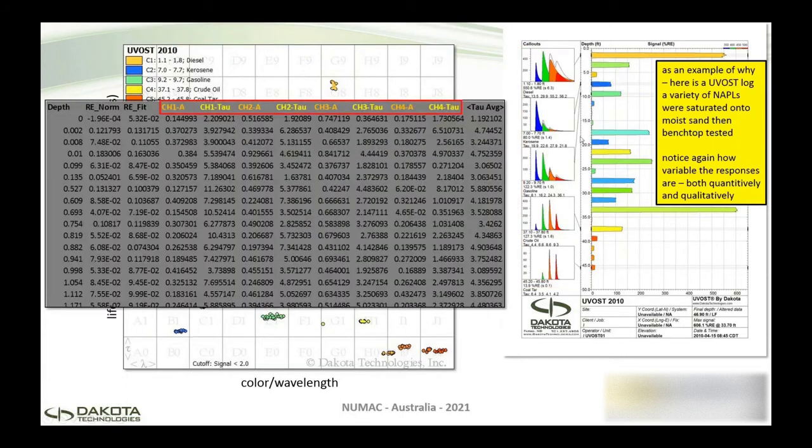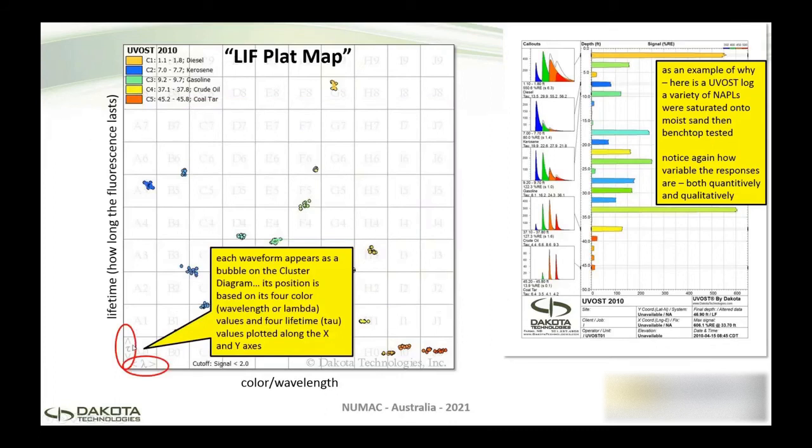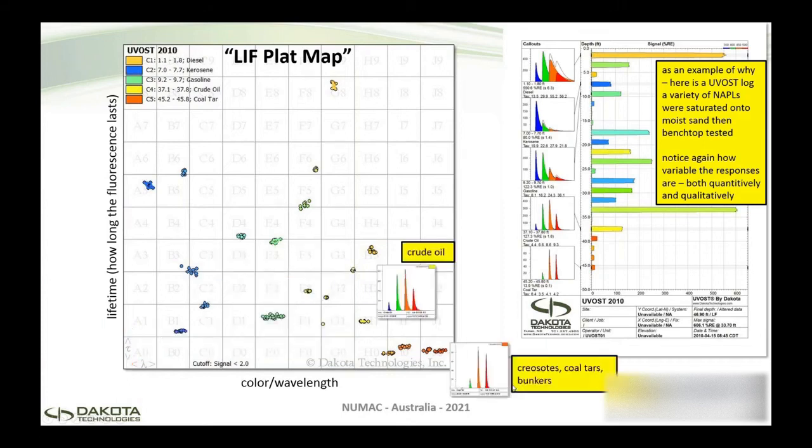So if we process this whole file and generate those 8 values for every one of these readings in this benchtop log that we've done now, and we plot those based on the lifetime on the vertical axis and the color on this x-axis, every one of these different types of materials now occupies a different place on the map, right?